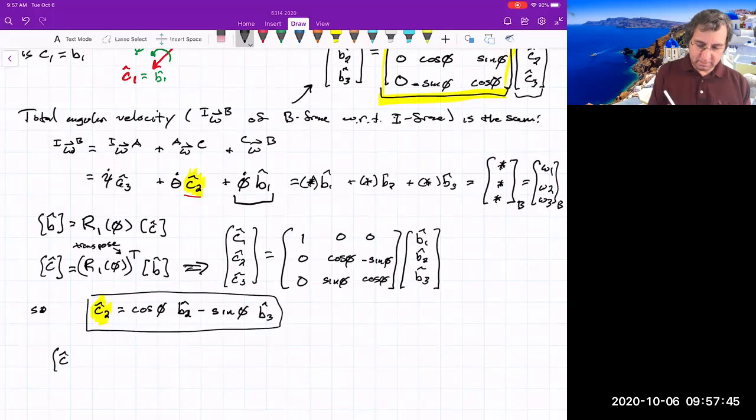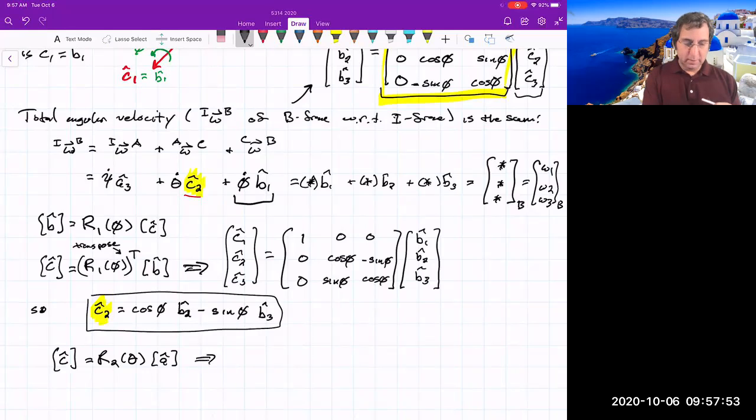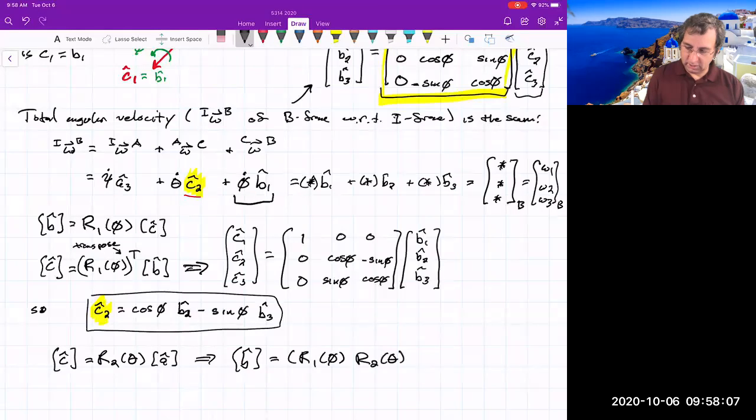Because C equals R2 theta times the A directions, which implies, combining with what I know up above, that the B directions equals R1 phi times R2 theta times the A directions.